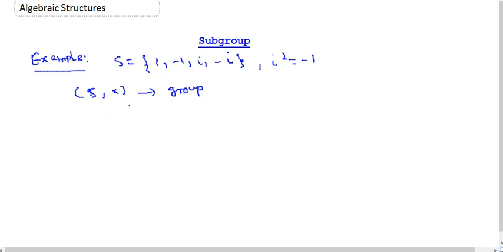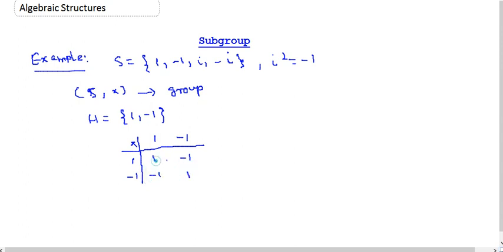Now we will find out whether there is any subgroup of this group. Consider the set H with two elements, 1 and minus 1. Is this a group? Let's check. Draw the composition table: 1, minus 1 across and down. 1 times 1 is 1, 1 times minus 1 is minus 1, minus 1 times 1 is minus 1.